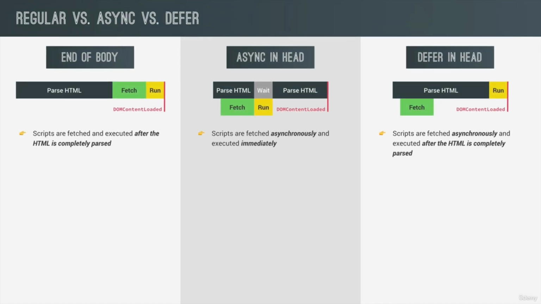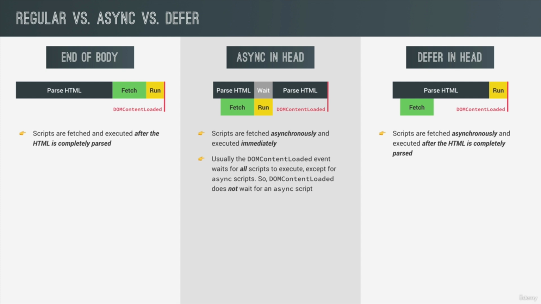So here is what we already know about the three strategies and also the three loading diagrams that we analyzed in the last slide. But let's now compare the async and defer attributes a little bit better. So one important thing about loading an async script is that the DOM content loaded event will not wait for the script to be downloaded and executed.